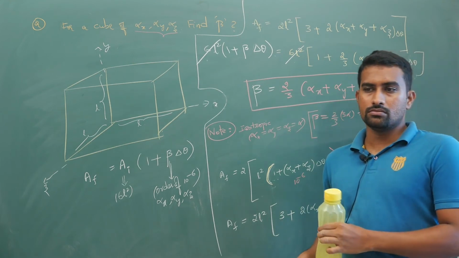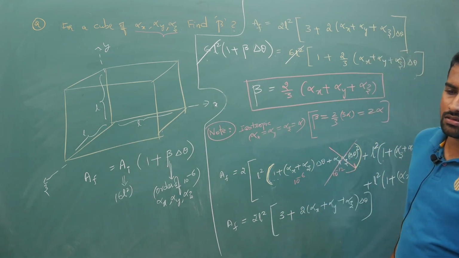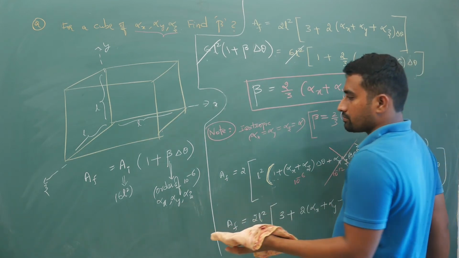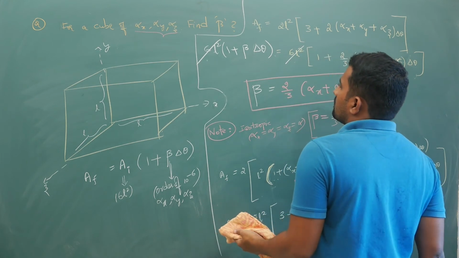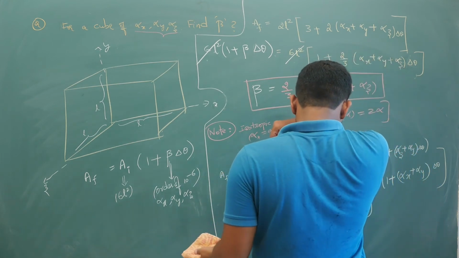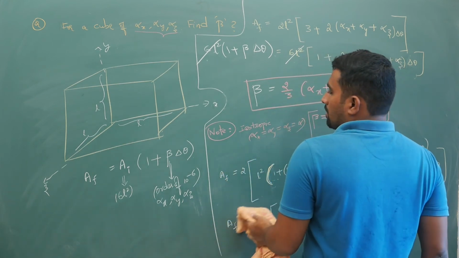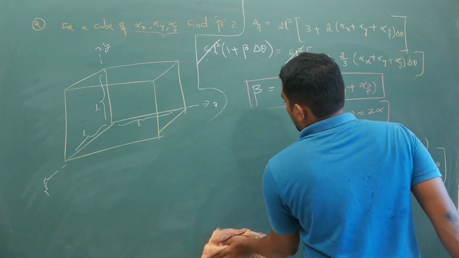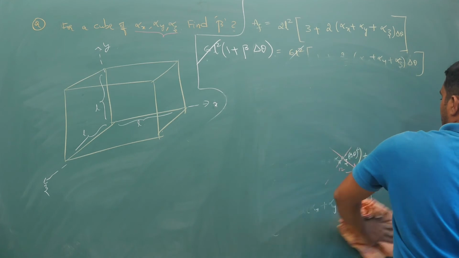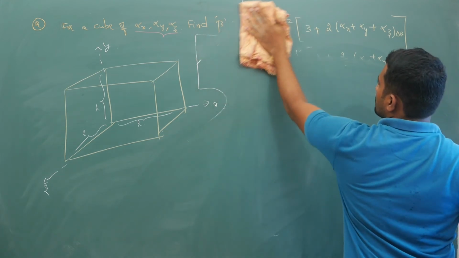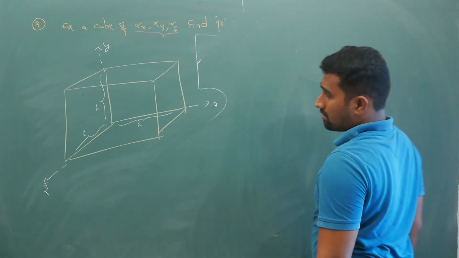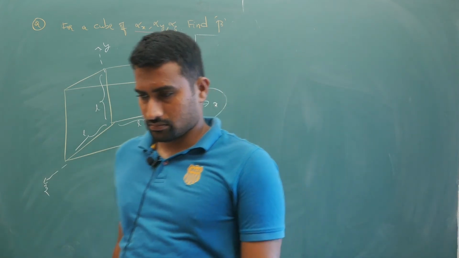For the cube do the same, neglect higher expansion terms and then get your gamma value.